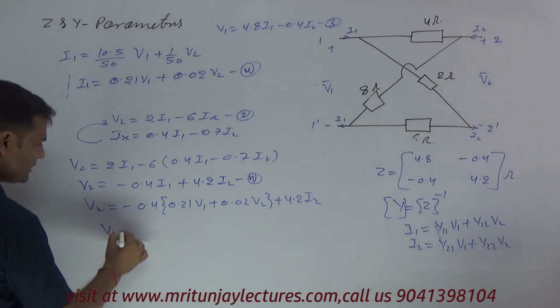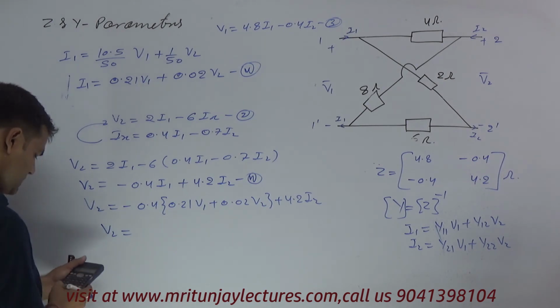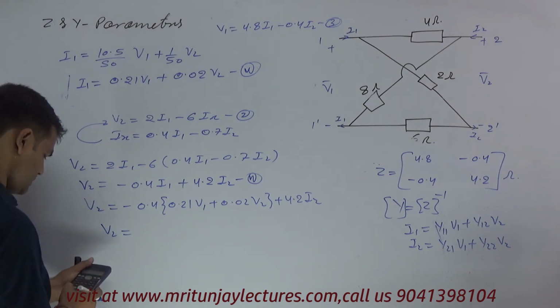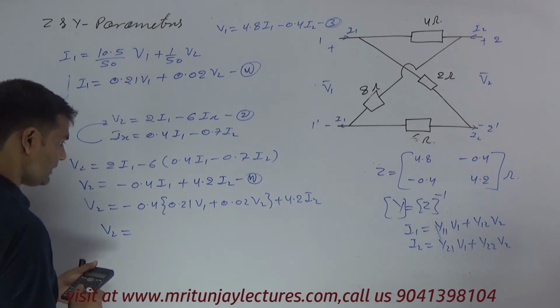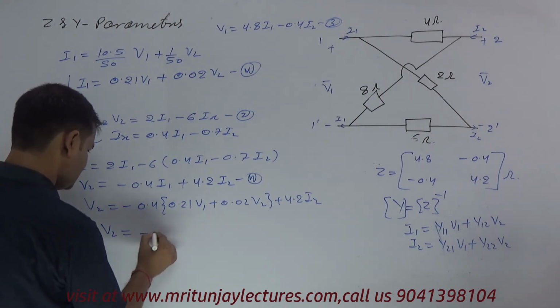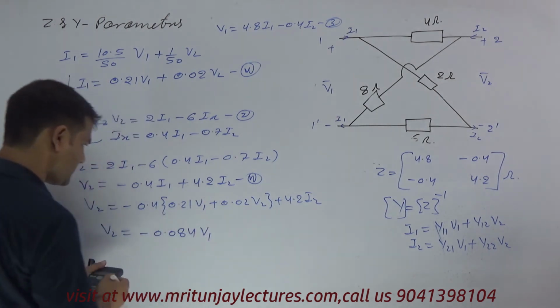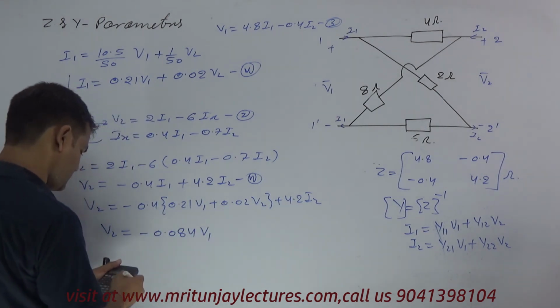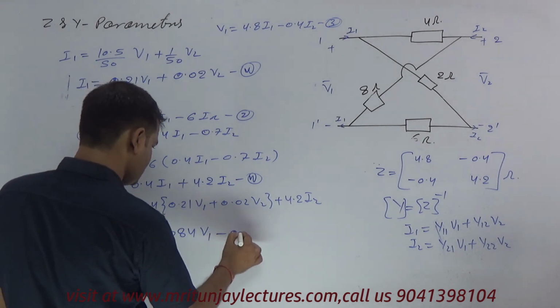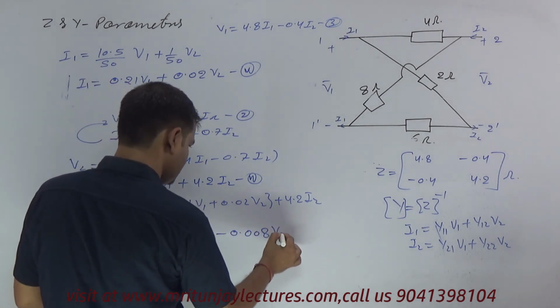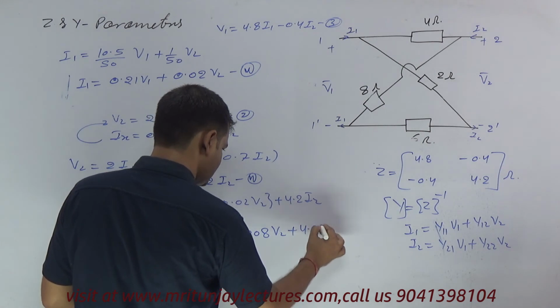First of all V2 is written as 0.4 into 0.21 like this one, that is minus 0.084 V1, and minus 0.008 V2 plus 4.2 I2.